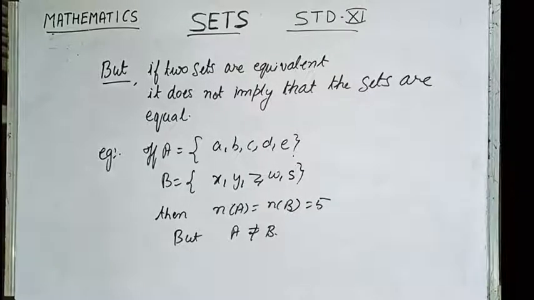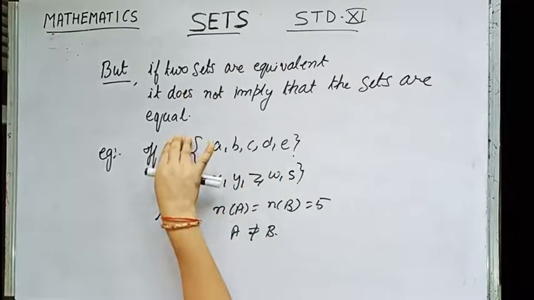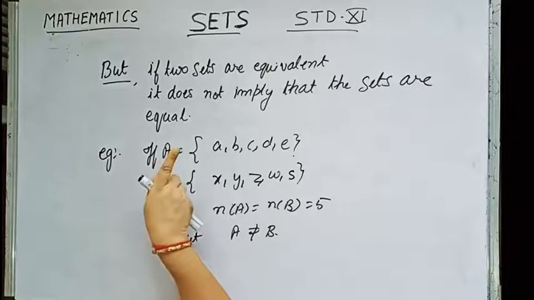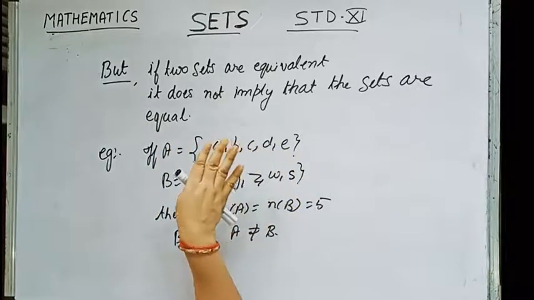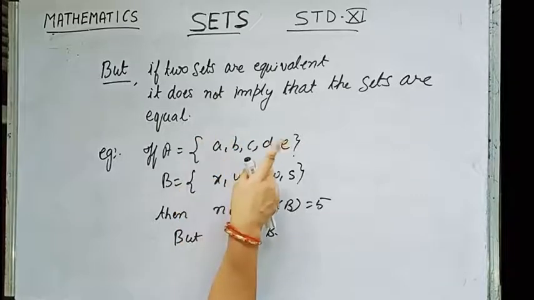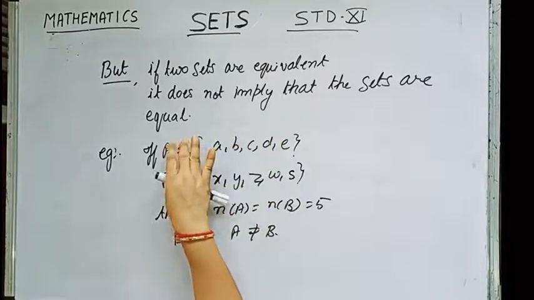But if two sets are equivalent, it does not imply that the sets are equal. So what I said, if sets are equal, it implies that the sets are equivalent, but conversely, if the sets are equivalent, it does not imply that the sets are equal.